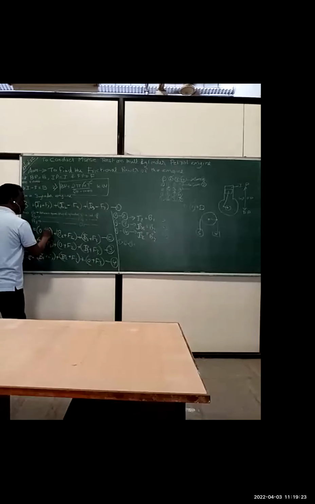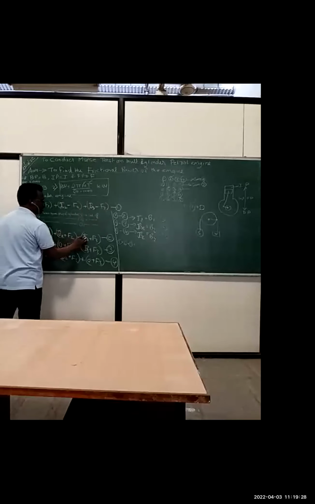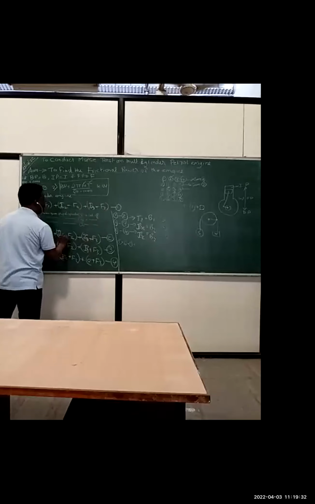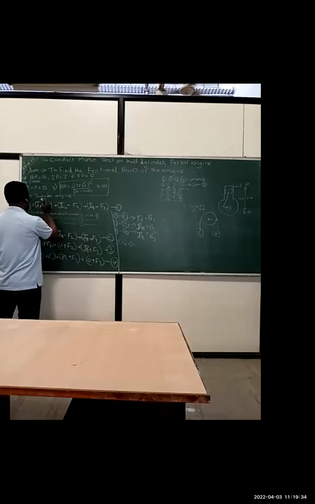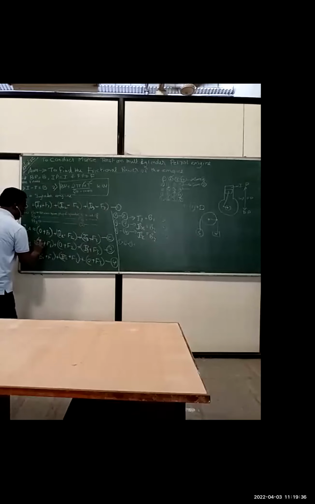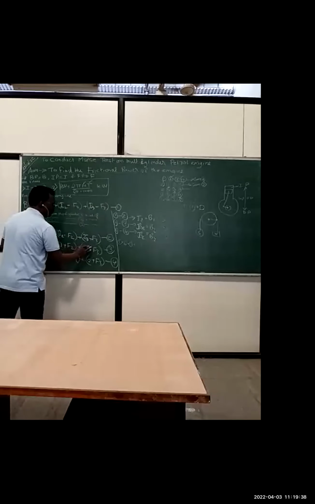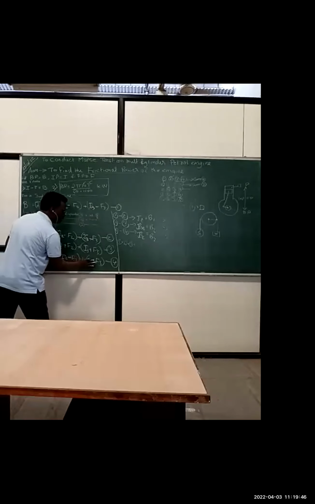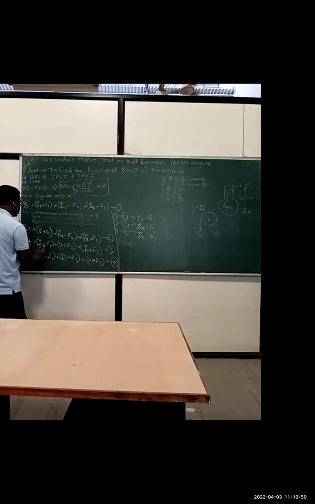Then this becomes F1 as it is, I2 as it is, I3 as it is, and here it becomes minus, minus, minus. So here everywhere it will be minus.